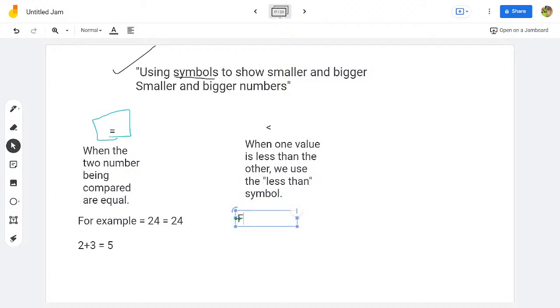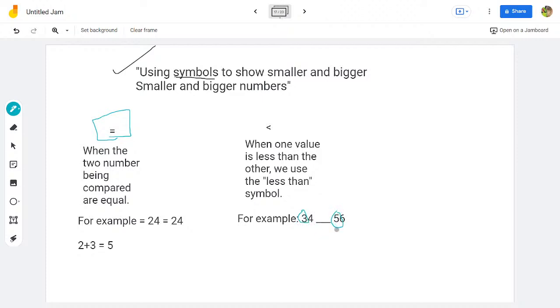For example, let's say we have two numbers, one is 34 while the other is 56. Now have a look at the two numbers. In this number, in the tens column, we have a 3, and in this number in the tens column we have a 5.